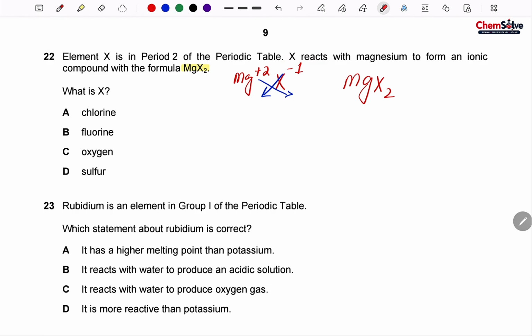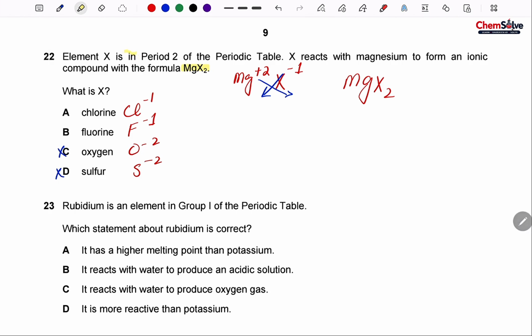Now we have to look for the X which has a -1 charge. Here chlorine is -1, fluorine is -1, and oxygen is -2. Sulfur also belongs to group 6, so it is -2 as well. That's why C and D wouldn't be our option. We have to choose between A and B. But look at the next statement.